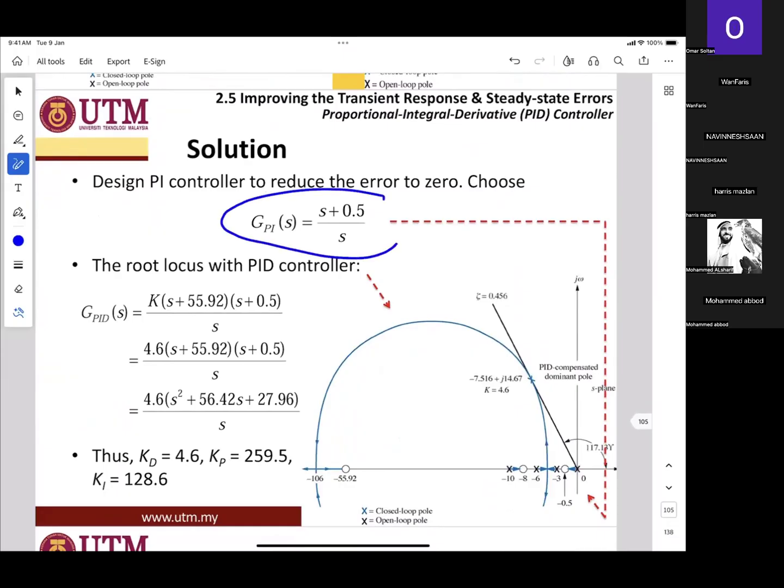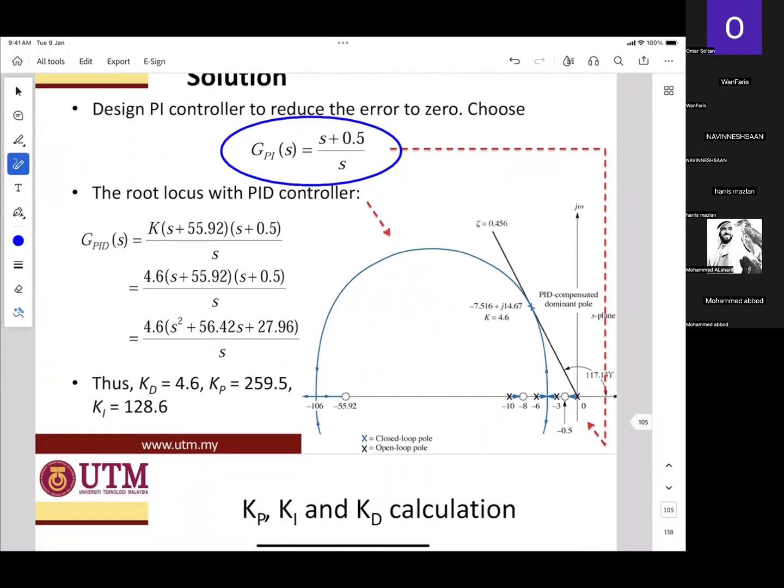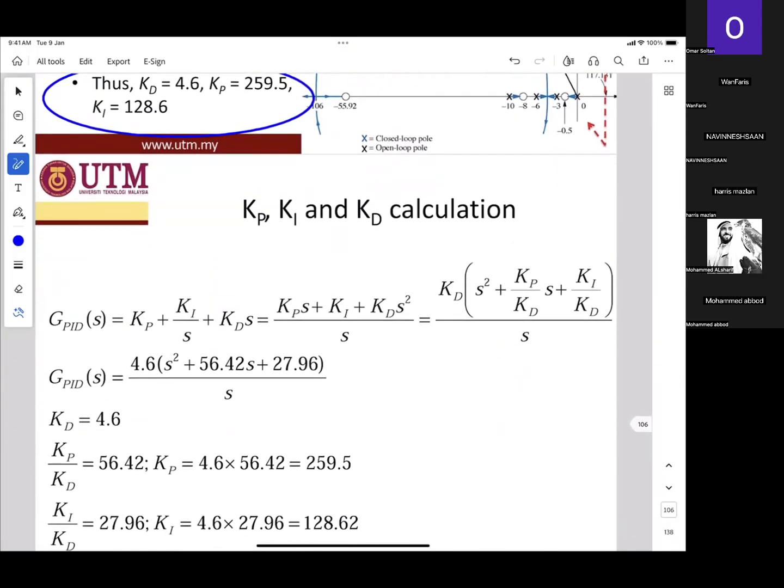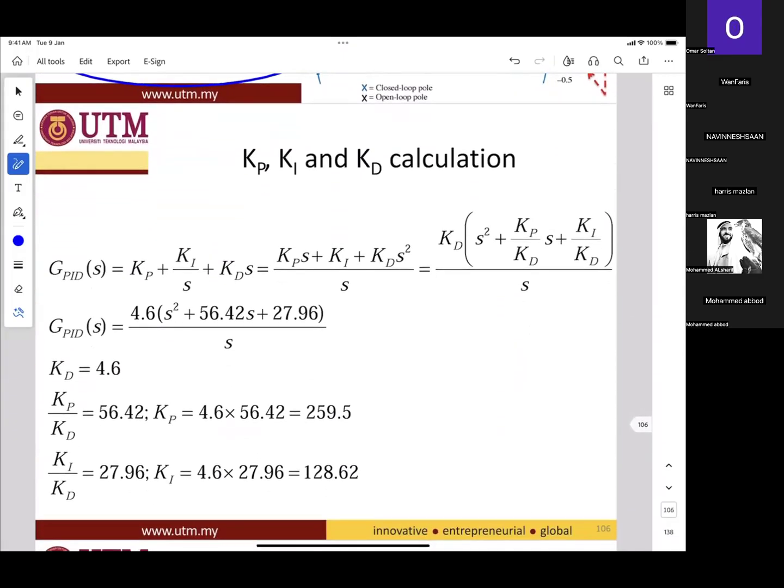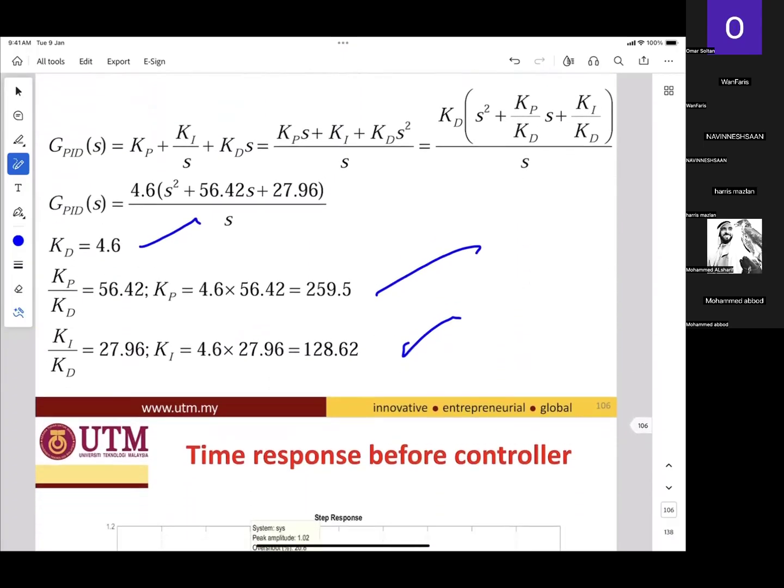Just add 0.5 because 0.5 is very near to the origin and it can cancel each other, but at the same time, it increases the system type. Then you will get the KP, KI, KD by comparison, which is 4.6, 259, and 128 respectively, for the PID controller. And this is the way you get the values 4.6, 259, and 128 for the PID controller.